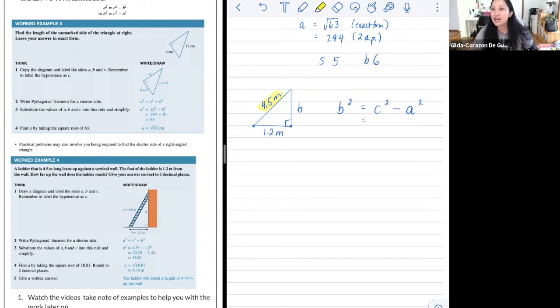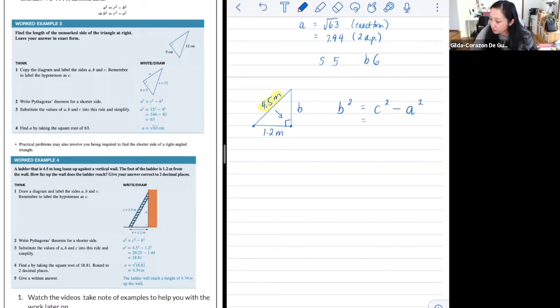How do I know it's the hypotenuse? It's not only the longest side, but also where is it located? It's opposite your right angle. It always faces your right angle, okay? So that I know is my longest side, yeah?